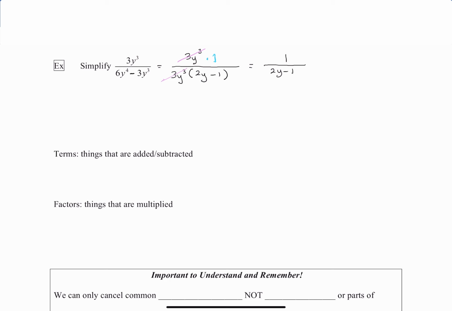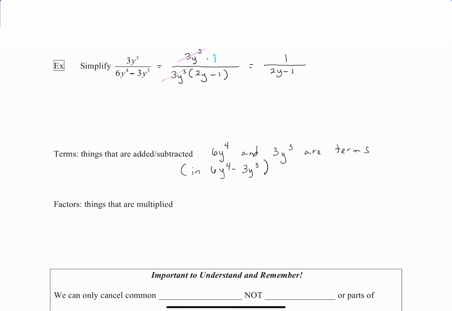So in the example we've just been looking at, if you look at the original denominator, 6y to the 4th minus 3y cubed, 6y to the fourth and 3y cubed are terms. They're terms because they're not multiplying each other, they're being subtracted.